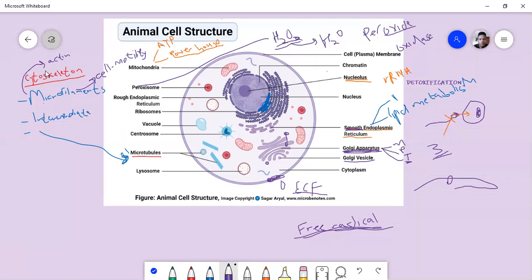Actin is the thin filament, whereas myosin is the thick filament. They won't ask you that for now, but they will ask you in your exam. If you get to muscle physiology and you don't know that this is part of the cytoskeleton, it will be difficult for you to understand muscle physiology.